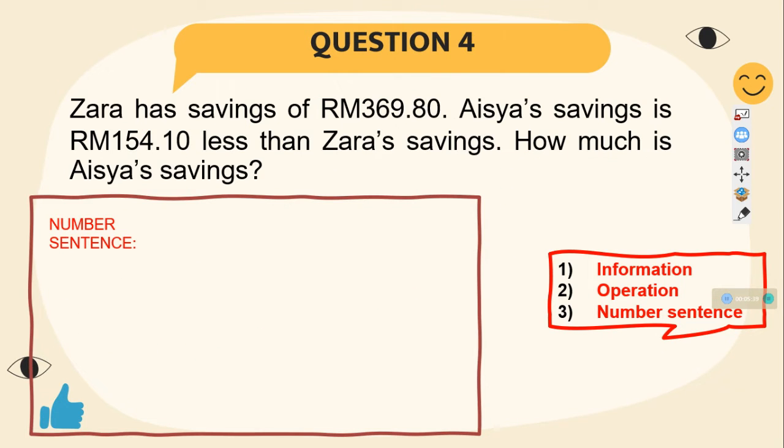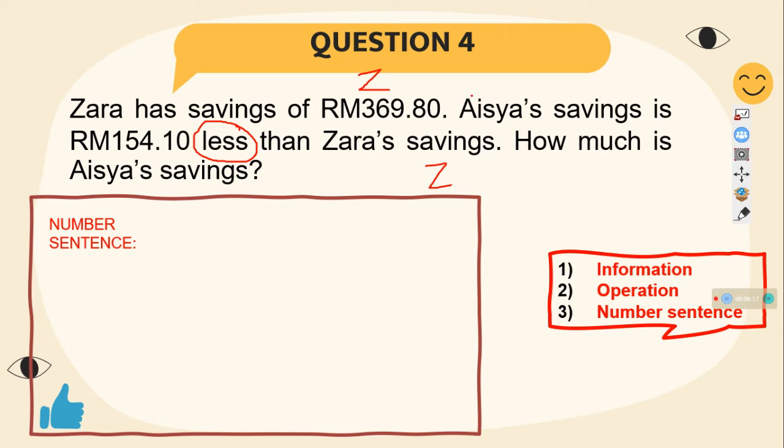Okay, for question 4. Zara has savings of 369 ringgit and 80 cent. Aisha's savings is 154 ringgit and 10 cent less than Zara's savings. How much is Aisha's savings? If you look at this question, this is the amount of money that Zara has, 369 ringgit and 80 cent. And then Aisha's savings is 154 ringgit less than Zara's savings.